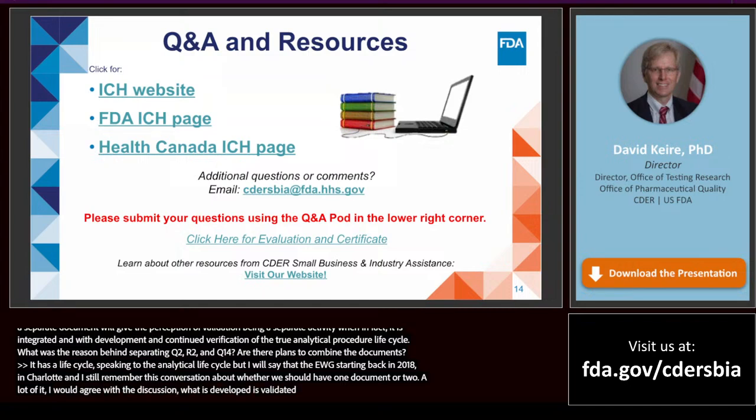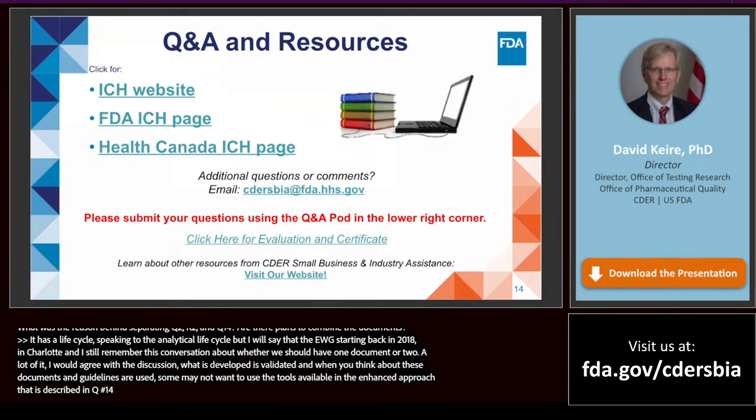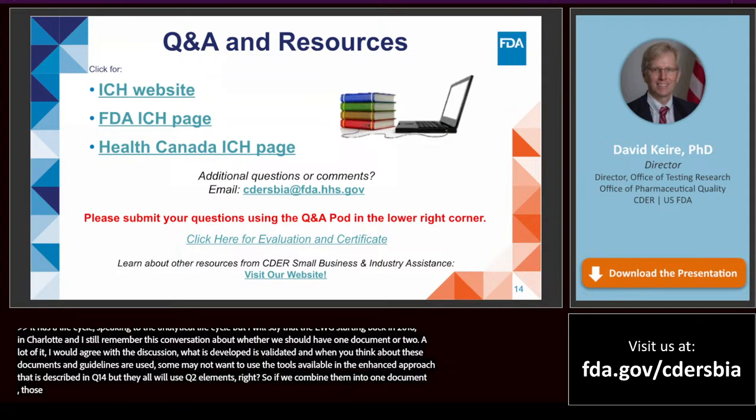But then when you think about how these guidelines are used, some folks may not want to use the tools that are available and the enhanced approaches that are described in Q14, but they all will use Q2 elements, right? And so if we combine them into one document, those key validation elements are diluted in this other document, and so ultimately it was decided to keep two separate guidelines, but that was after a lot of discussion.